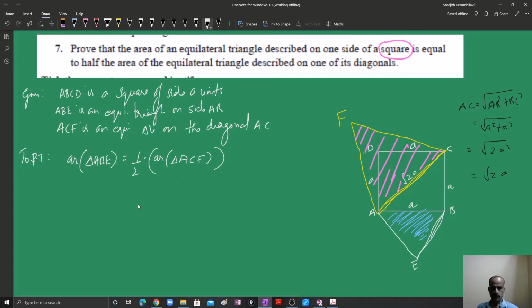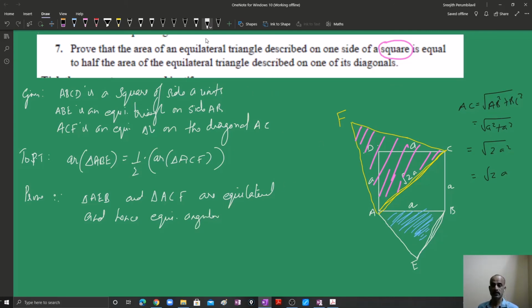Okay, so now ACF. Now when you look at this proof part, how do you prove it? Triangle AEB and triangle ACF are equilateral, and hence equiangular.